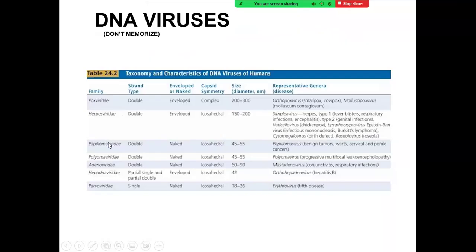I don't think we talk about any of these others except for adenoviridae. We'll talk slightly about adenoviridae because this is one of the families of viruses that causes the human cold. There are 3 families of viruses that cause human colds, and this is the 3rd most common, meaning the least common family of viruses that cause the human cold, adenoviridae.